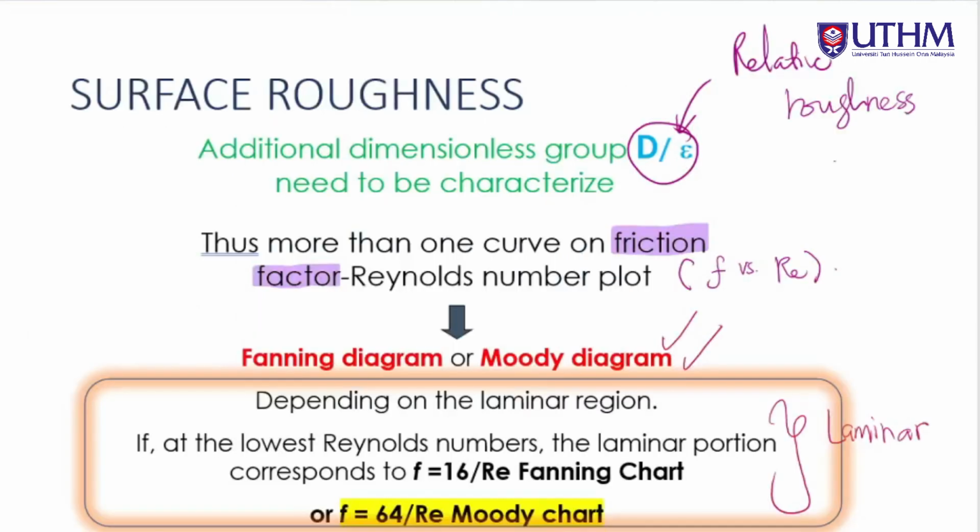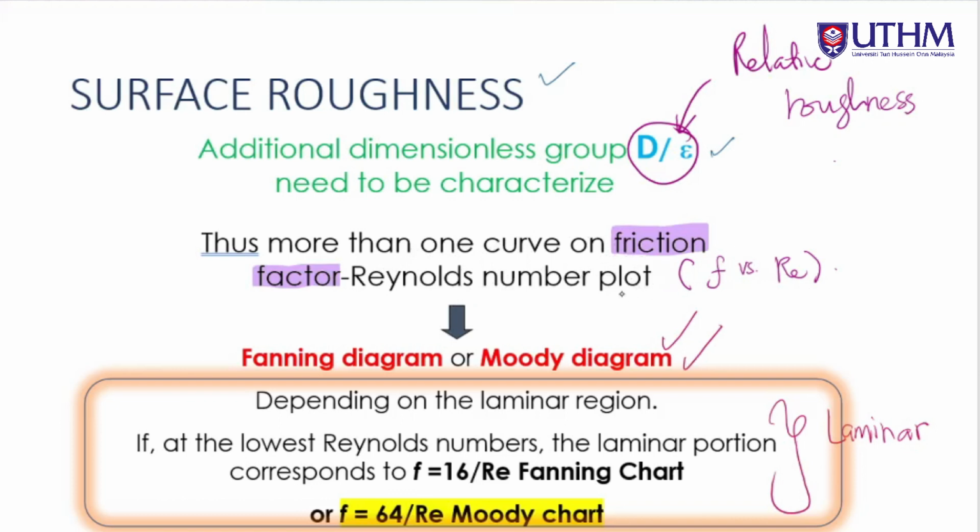Okay, so surface roughness, macam saya cakap tadi yang ni lebih kepada dia punya summary. Bila kita nak kaji pasal surface roughness ataupun losses due to friction in which depends on surface roughness, kita kena add additional dimensionless group which is the diameter dibahagi dengan surface roughness epsilon, in which need to be characterized, and thus more than one curve on friction factor Reynolds number plot.